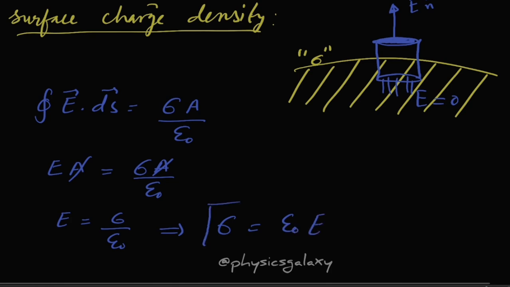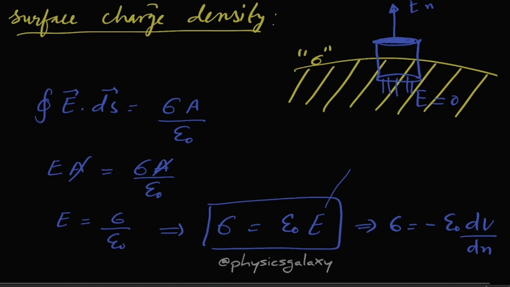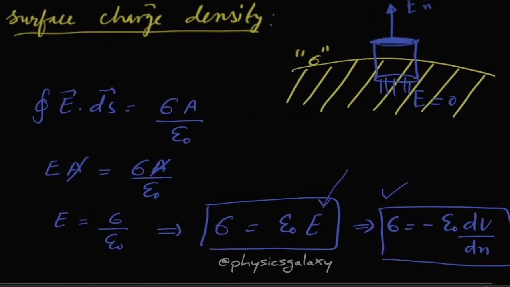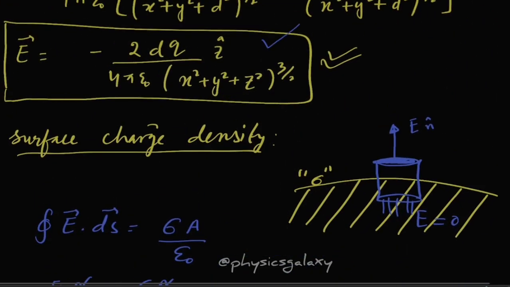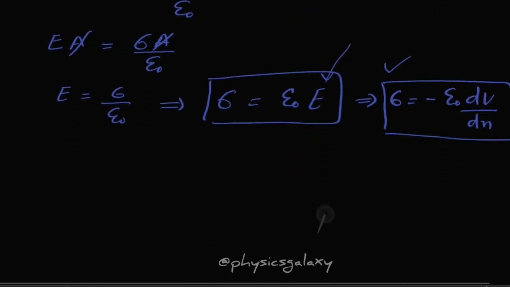So if you have to find the charge density in the case of metallic surfaces, you find the electric field on that metallic sheet, then multiply by epsilon naught, and that will give the charge density. Or if you have the potential, then sigma equals minus epsilon naught dV by dn, right? So these are two formulas which will give you the charge density. Now I have my electric field, so let's find the charge density.